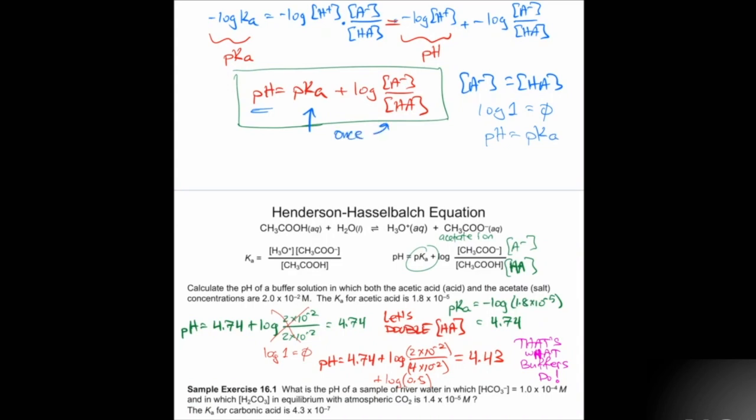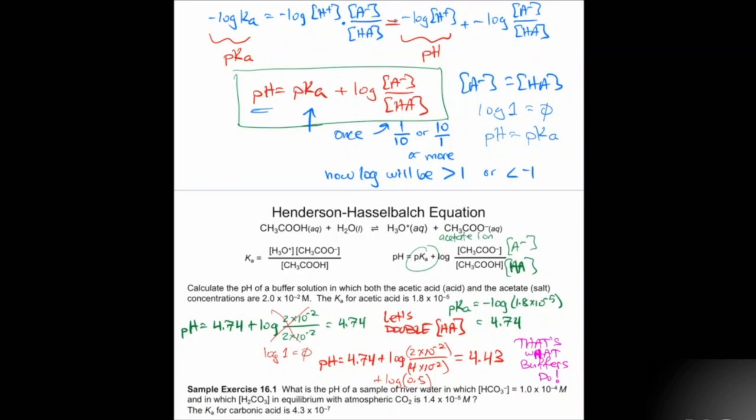Once this ratio becomes either 1/10 or 10 to the 1 or more, now the log of that will be greater than 1 or less than minus 1. Either way, now we're getting to be more than 1 pH unit away from what the pKa was.